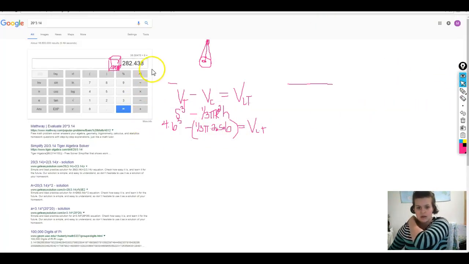So we're going to go to our calculator. We're going to type in 4.6 x to the y, hit the 3, minus parentheses. Since I have 1/3, I'm going to type in a parentheses 1 divided by 3, close those parentheses, times, and they do have a pi button, so I'm just going to hit the pi button, times 2.5 times 6, and close those parentheses because that's the end of my second term.